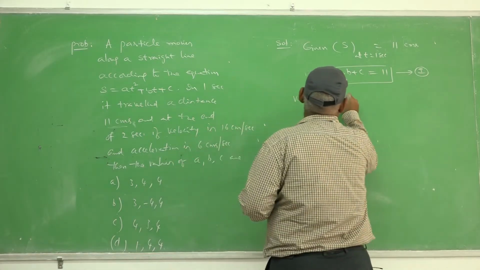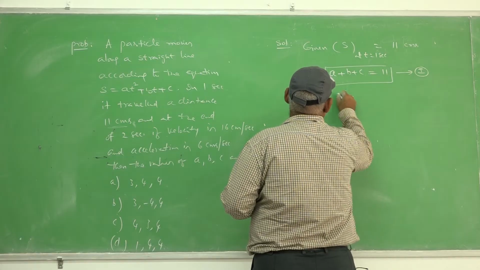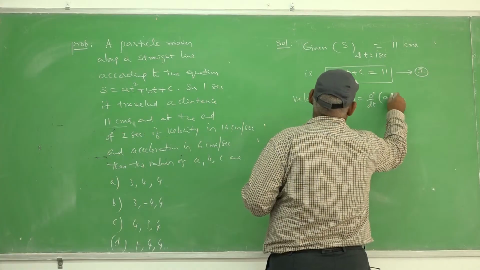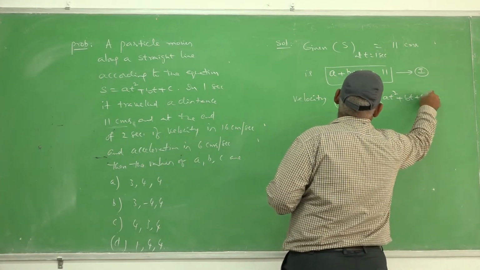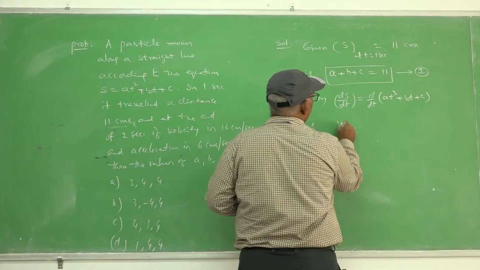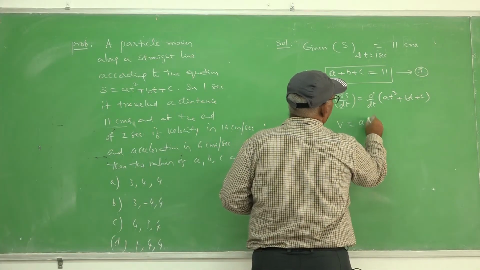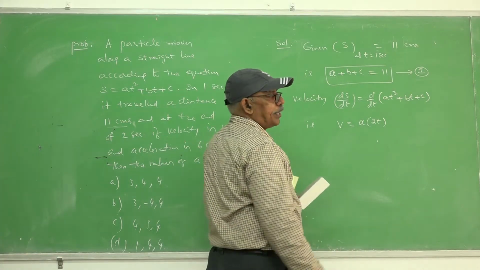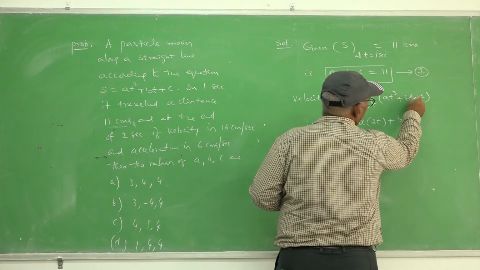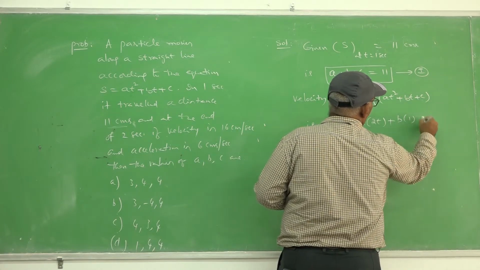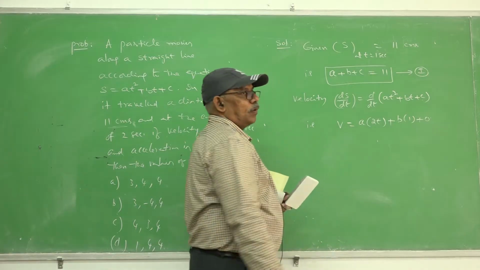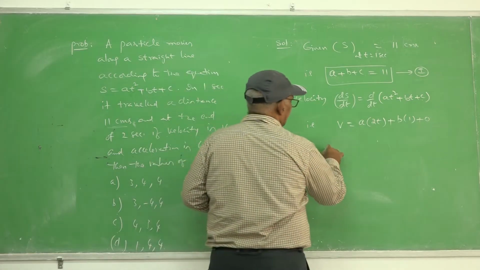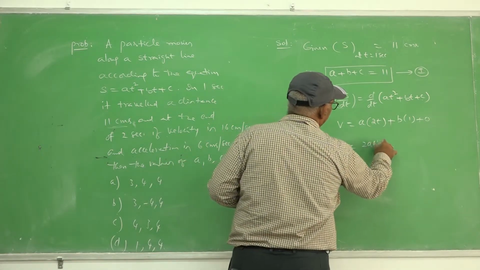Velocity v equal to ds by dt, which is d by dt of At square plus Bt plus C. The derivative of At square is A into 2t, since the derivative of t square with respect to t is 2t. The derivative of Bt is B, because the derivative of t is 1. The derivative of a constant is 0. Therefore, velocity v equal to 2At plus B.